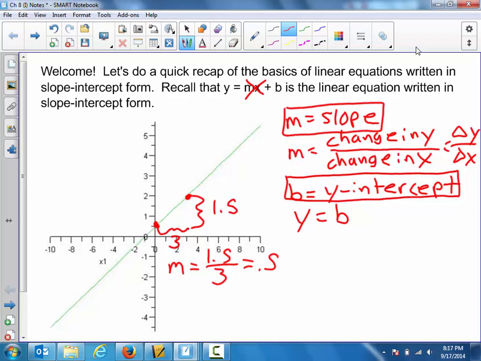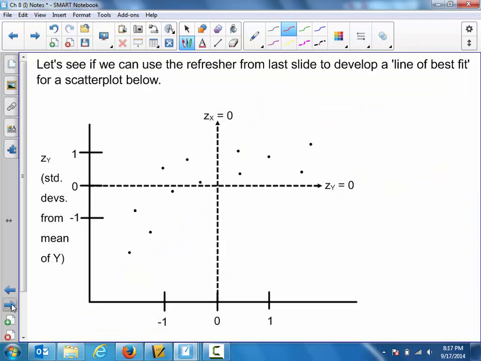That is, what is my model saying someone's going to weigh, even if they don't exist? Even if there is no person. That's maybe a silly example, but it's something I came up with off the top of my head. Y-intercept is important for virtually every scatter plot you're going to work with.